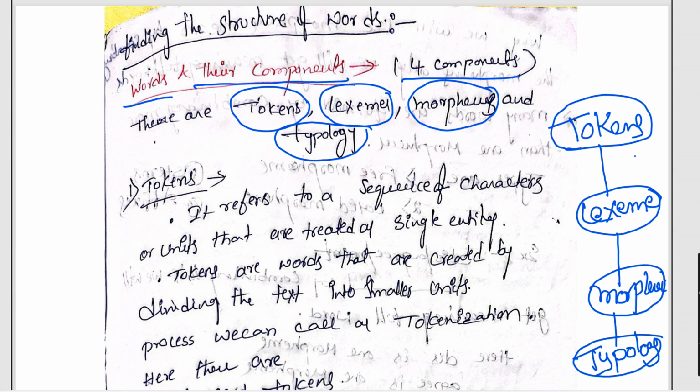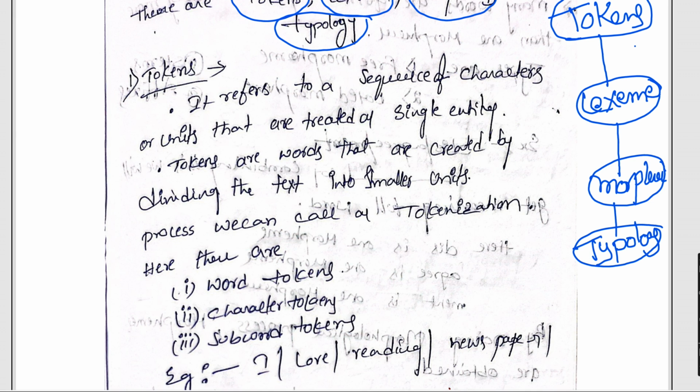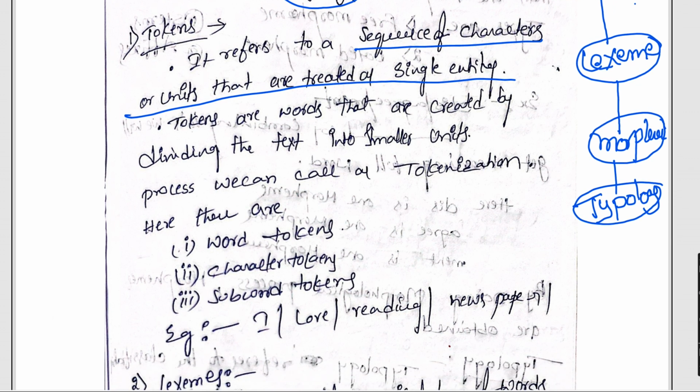Okay, first coming to tokens. Tokens are sequences of characters or units that are treated as single entities. We have already discussed this in many videos.